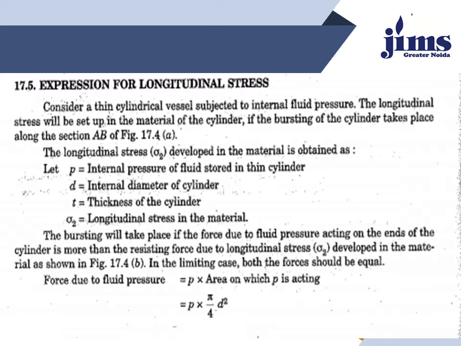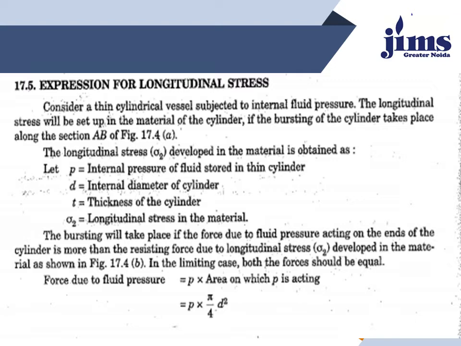Let P be the internal pressure, D the internal diameter of the cylinder, t the thickness of the cylinder, and sigma 2 the longitudinal stress in the material. Then the bursting will take place if the force due to fluid pressure acting on the end of the cylinder is more than the resisting force due to longitudinal stress developed in the material. In the limiting case, both forces should be equal.